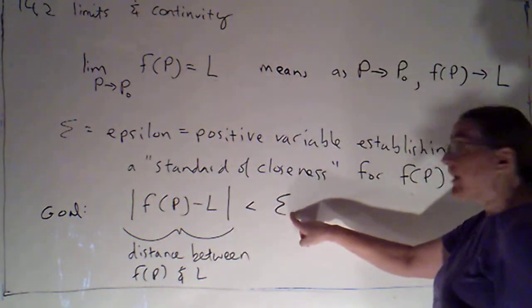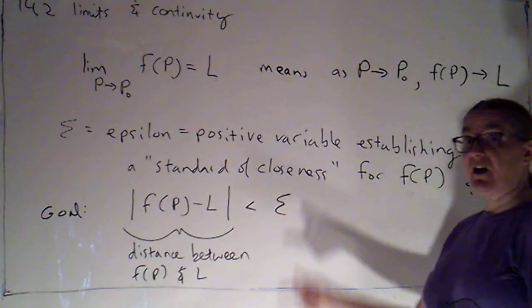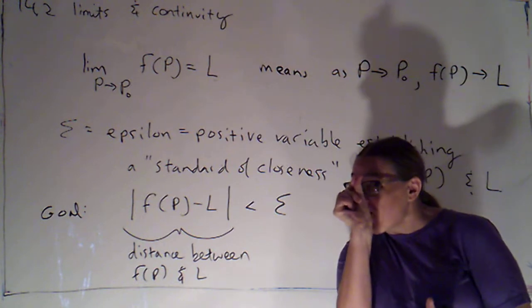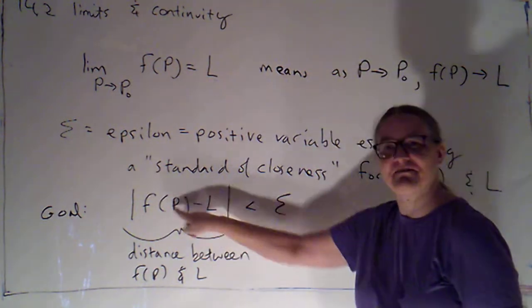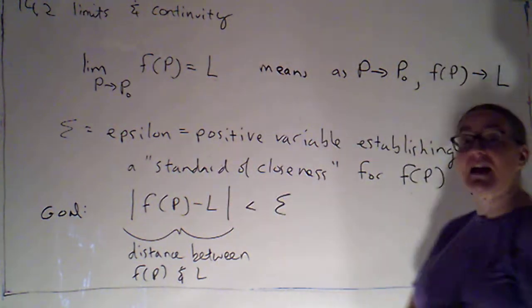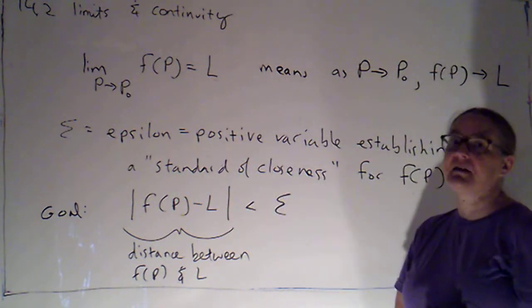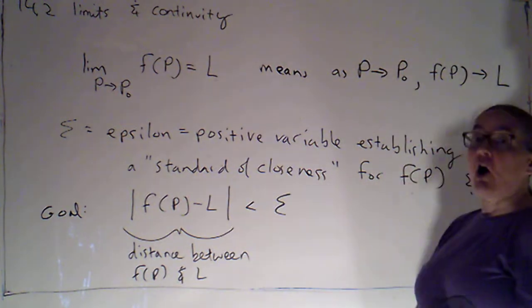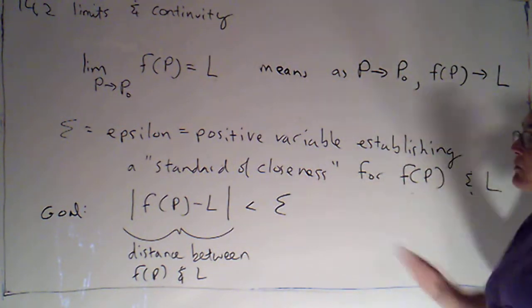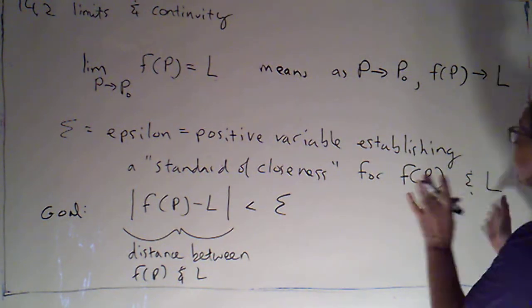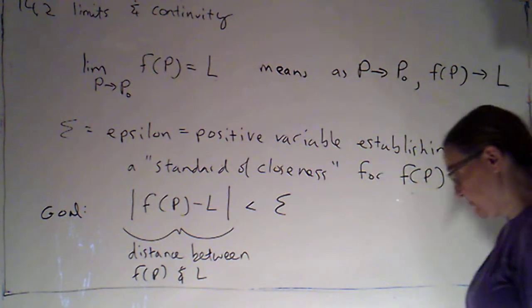But if for any positive value of epsilon, in other words, no matter how small I make epsilon, so no matter how close I want these two things to have to get to each other, I can force that to be true. That's going to mean that we're getting arbitrarily close. Okay, so that's how we're going to use our epsilon. That will be our standard of closeness for the outputs.